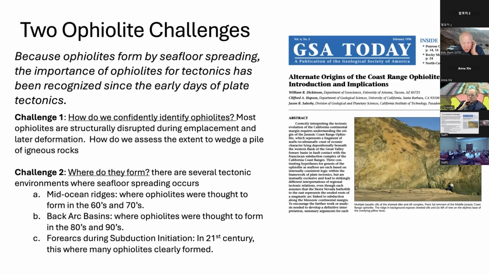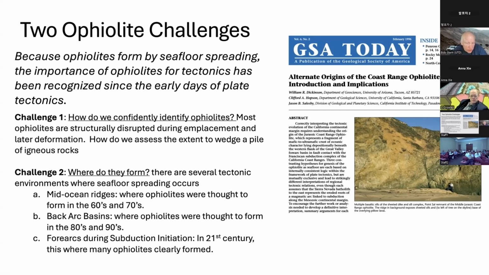This is a very interesting snapshot of the history of our science. So in the 1960s and 70s, most ophiolites were thought to form at mid-ocean ridges. And then as people started to get better and better geochemistry, we could see that the composition of ophiolites had certain elements that were quite different from what we expected from mid-ocean ridges.